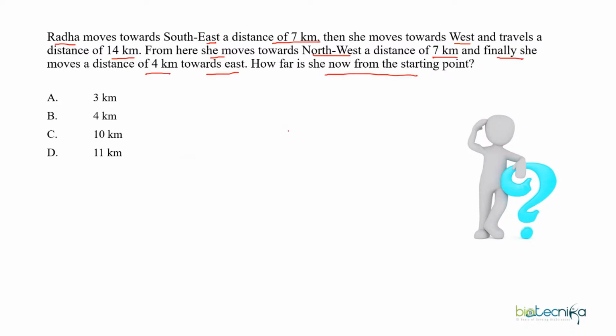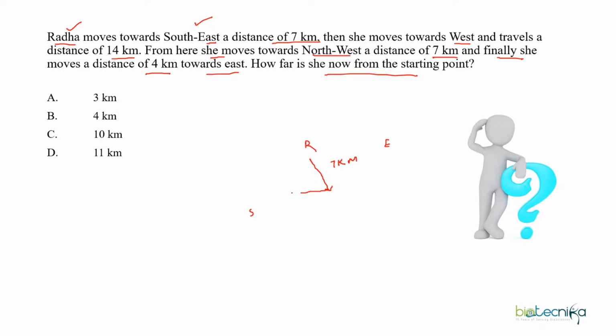So let's draw the diagram first. Here it says Radha moves towards southeast a distance of 7 kilometer. Southeast: south is downwards, east is this side. So Radha is going this way, somewhere like this, 7 kilometer. This is Radha. She moves west and travels a distance of 14 kilometers.